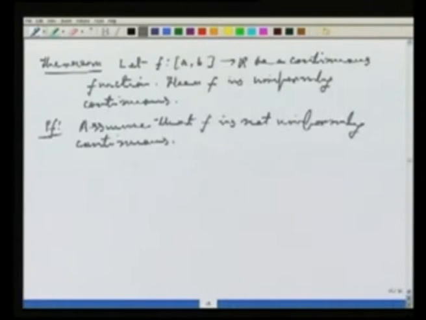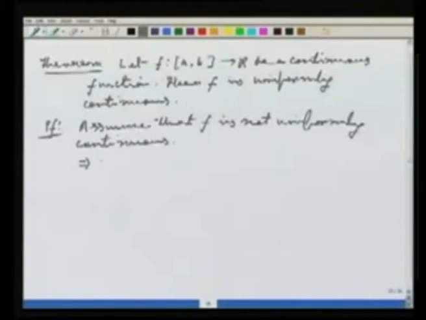It means there exists an epsilon for which no delta works. The definition of uniformly continuous function says that given any epsilon there is a delta satisfying some inequalities. It is not uniformly continuous then means that there exists a rogue epsilon, that means there exists an epsilon for which there is no good delta. So let us just try to write it down.